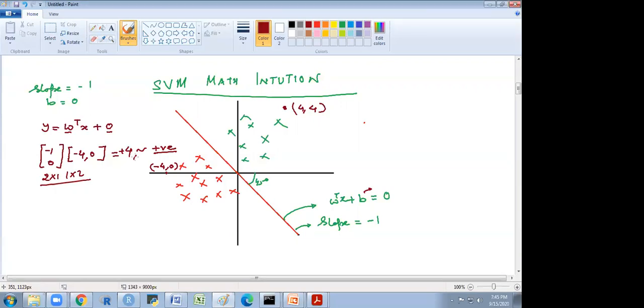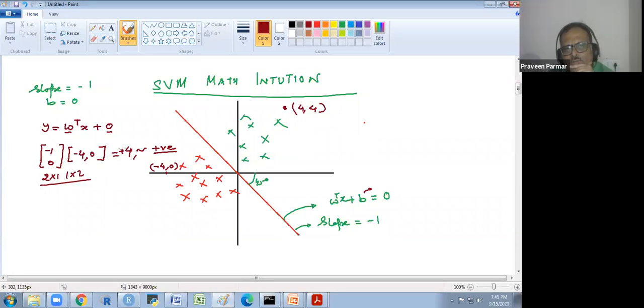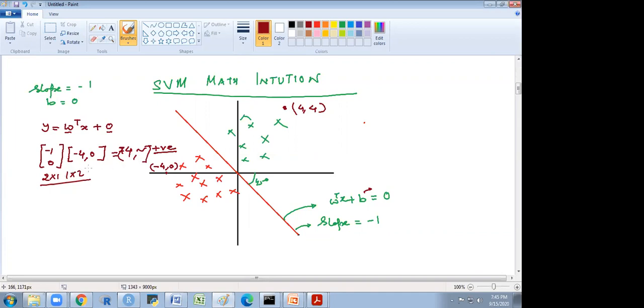The answer is 1 cross 1. So I think it should interchange both these matrices. We should get a 2 cross 2 matrix from the multiplication. Just a moment.